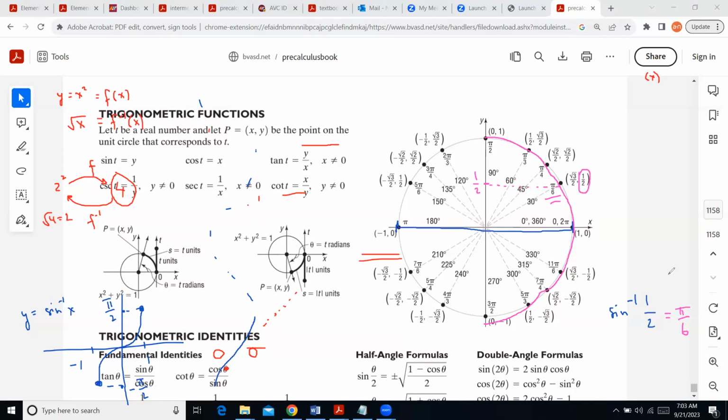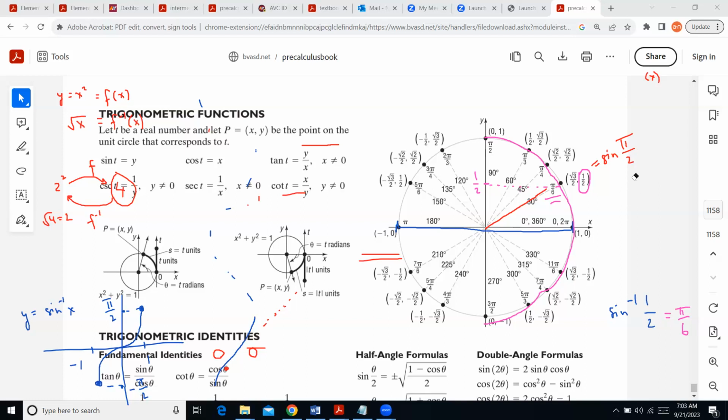So it goes backwards, because originally when we started dealing with the unit circle, we would say, okay, here's angle pi/6. What about sine of pi/6? Well, sine of pi/6 is 1/2. Okay, great. Pi/6.